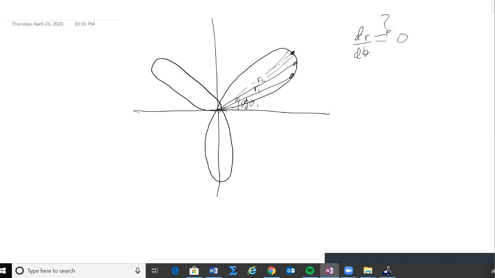And right at the tip, the change in radius with respect to theta, as theta is changing, is a zero. And that's kind of the equivalent of maxing out. But in a sense, if you were trying to find points that were on the graph that were the maximum distance from the pole, this is where you would look. Maximum distance from the pole.